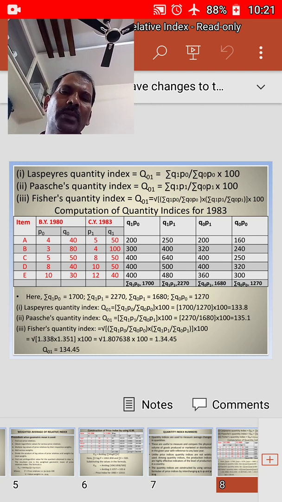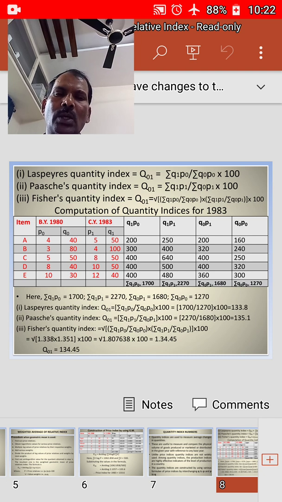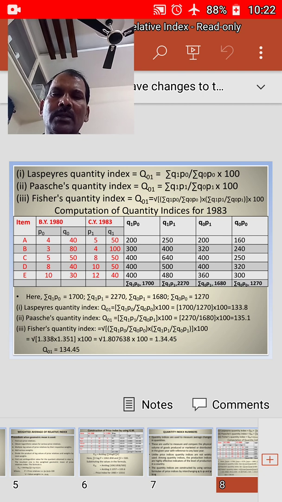If you add Q1 P1 values, you will get sigma Q1 P1, that is 2270. If you add Q0 P1, you will get sigma Q0 P1, that is 1680. If you add Q0 P0, you will get sigma Q0 P0, that is 1270.